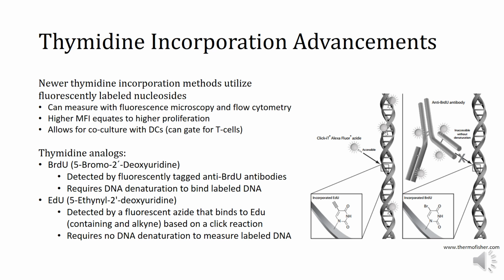The most advanced technique is the EdU analog, and that is detected by a fluorescent azide that binds to the EdU and is based on a click reaction. This requires no DNA denaturation in order to measure the labeled DNA. And on the right there, you can see both the BrdU fluorescent labeling and the EdU fluorescent labeling.